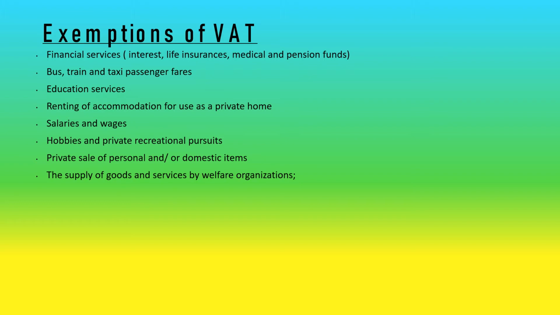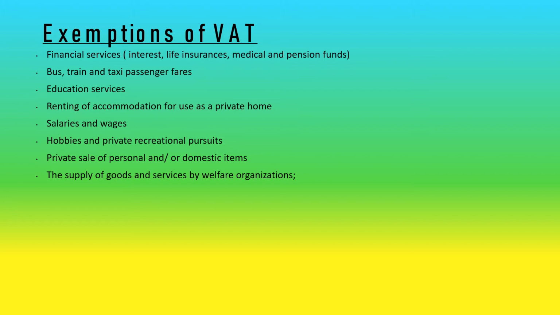You've also got your financial services, and that is purely to encourage people to be able to save. Another interesting one is renting of accommodation for a private home. So obviously, as it is, rent is a very increasing expense, and therefore the government, to help the common people, will ensure that there's no VAT on normal housing, as well as on salaries and hobbies, private sale of personal or domestic items, and the supply of goods and services by welfare organizations.